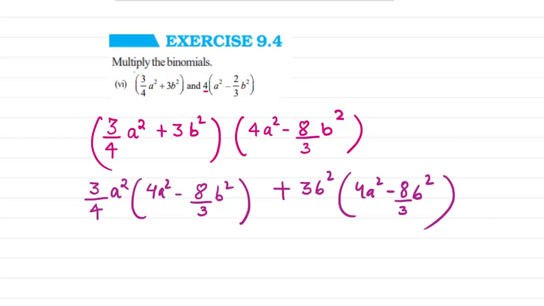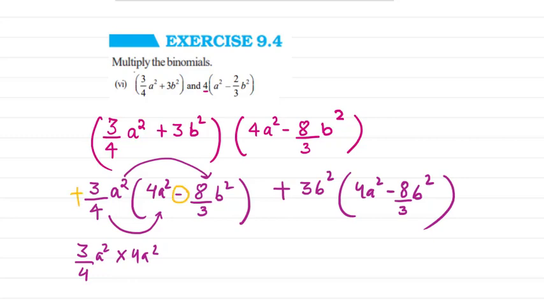Now this 3 by 4 a square will be multiplied with this term, and also with this one. So we will write it as 3 by 4 a square into 4a square. I've told you about the sign: here we have a minus sign, and you have to take care of that.